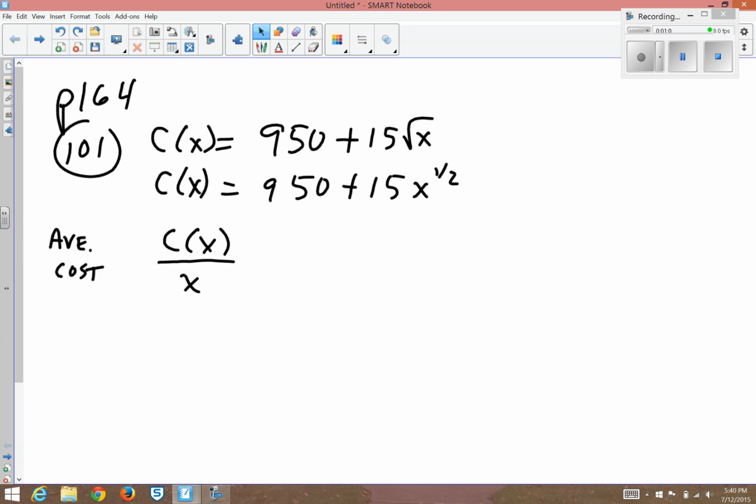The average cost per jacket, because this numerator is cost measured in dollars, and the denominator is number of jackets. So we're going to take the cost which is given and divide each term by X.